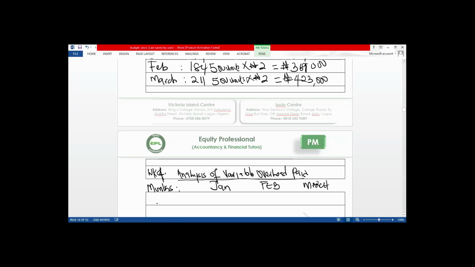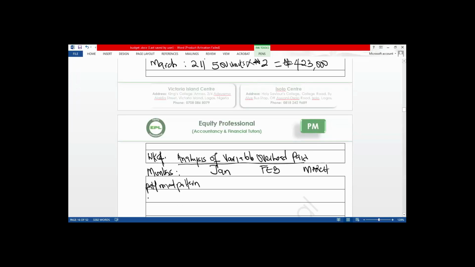Okay, we now have the payment pattern. The question says to be paid in the month incurred, 60% paid in the month incurred, 40% in the following month.